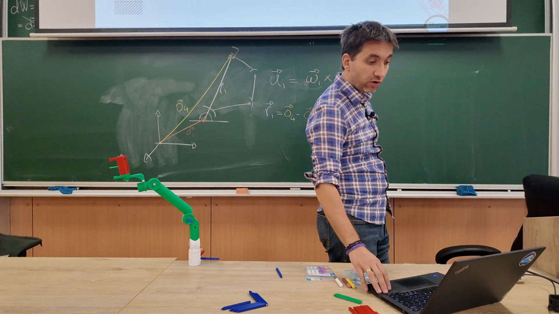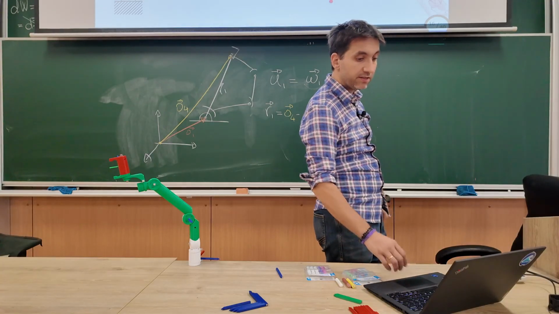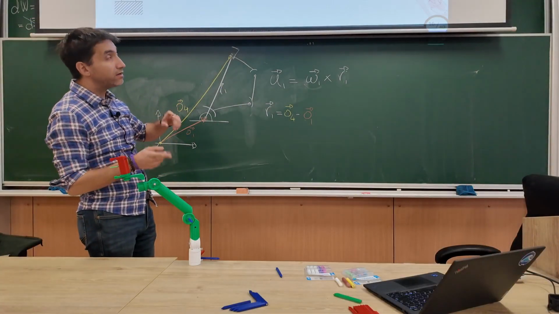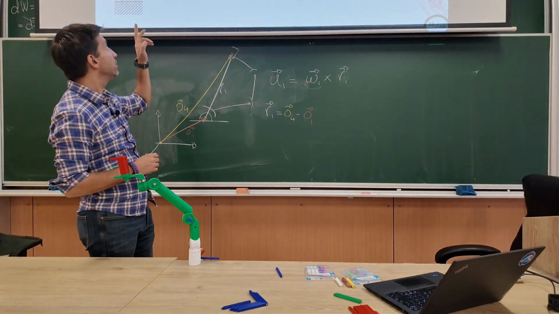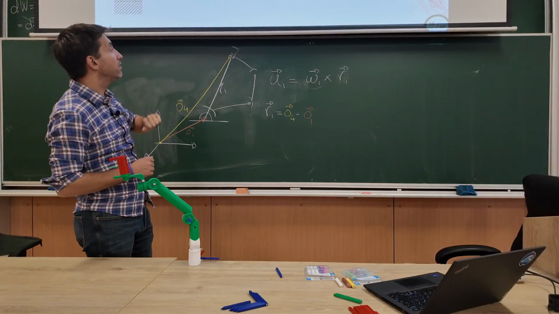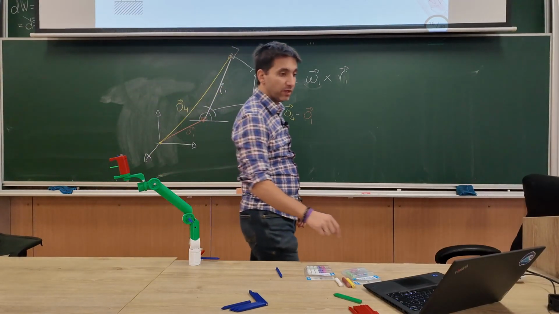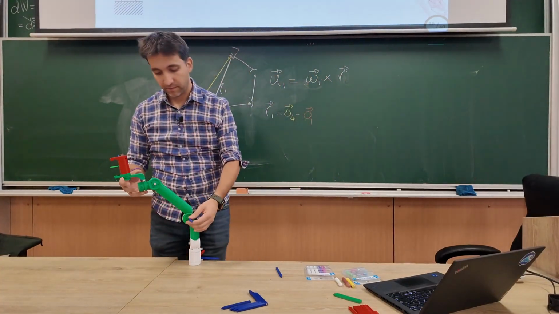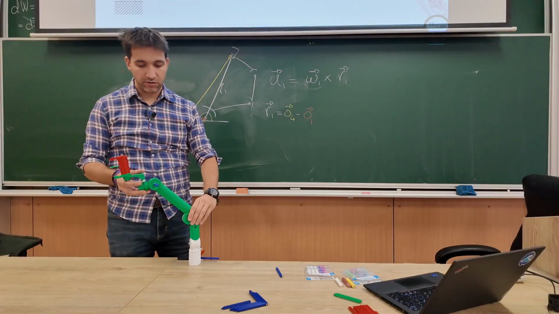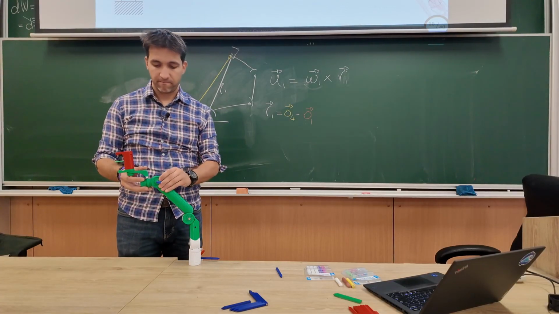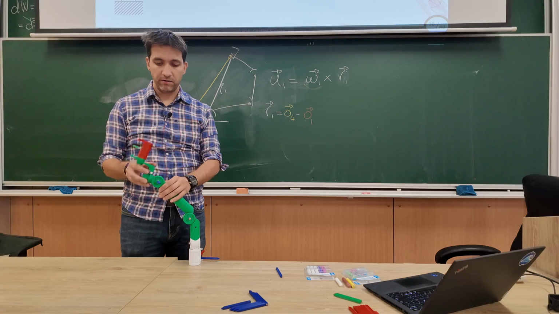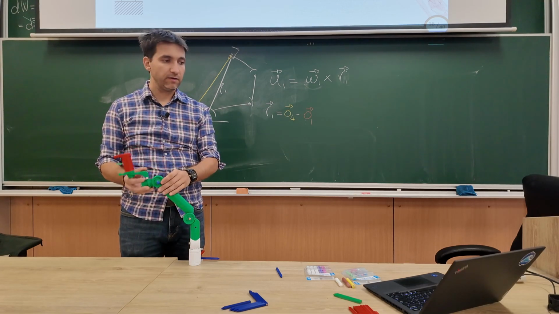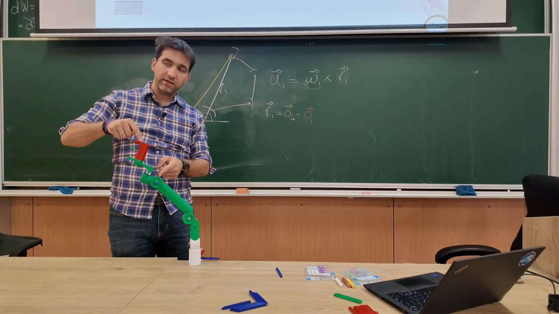Now, if I have another joint moving, the second one, it's the same thing. The linear velocity of the end effector due to the second revolute joint will be, again, the cross product between the angular velocity and this distance.